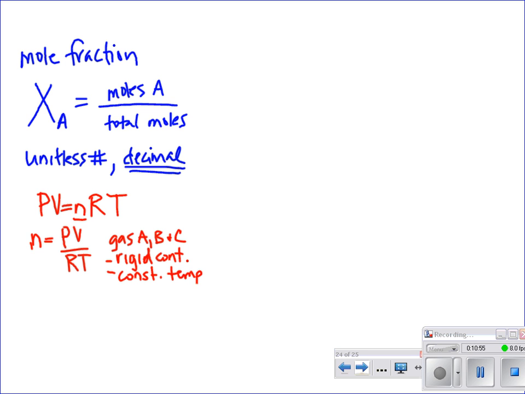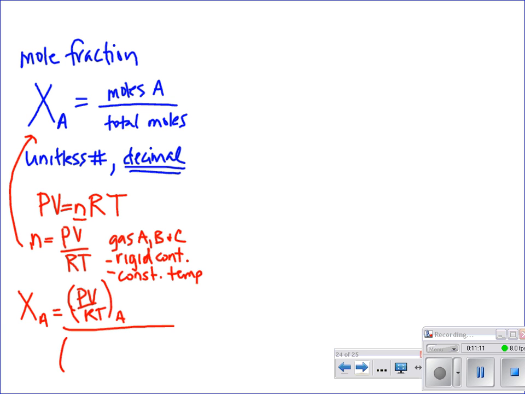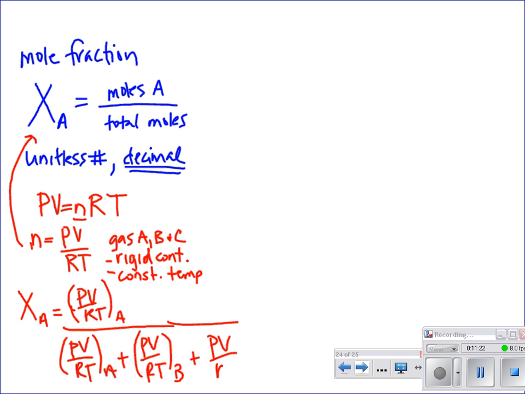Keeping that in mind, I'm going to go ahead and just plug that into the above equation. So the mole fraction of A is equal to, instead of moles, I'm going to put PV over RT of A, okay, divided by the total moles of everything. So it's PV over RT of A plus PV over RT of B plus PV over RT of C. Okay, does everyone see what I just did?